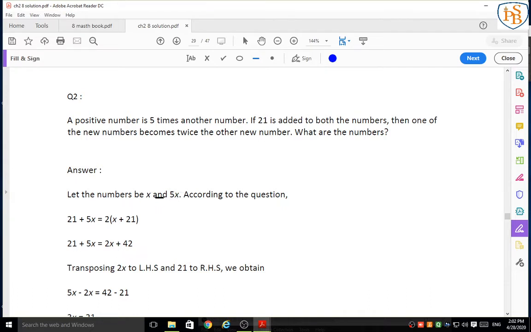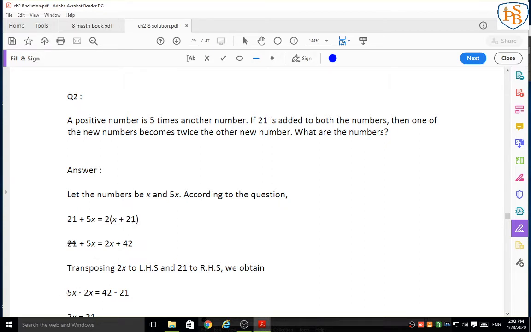So which number will become twice? Of course, the smaller number. So I will multiply 2 to the x plus 21, so x plus 21 multiplied by 2.